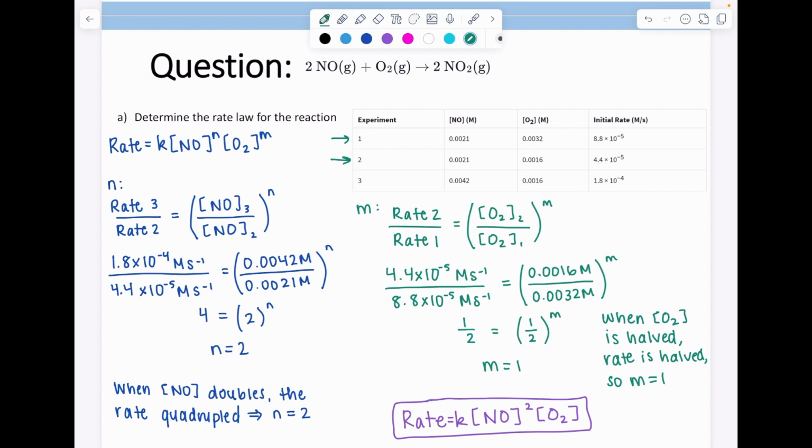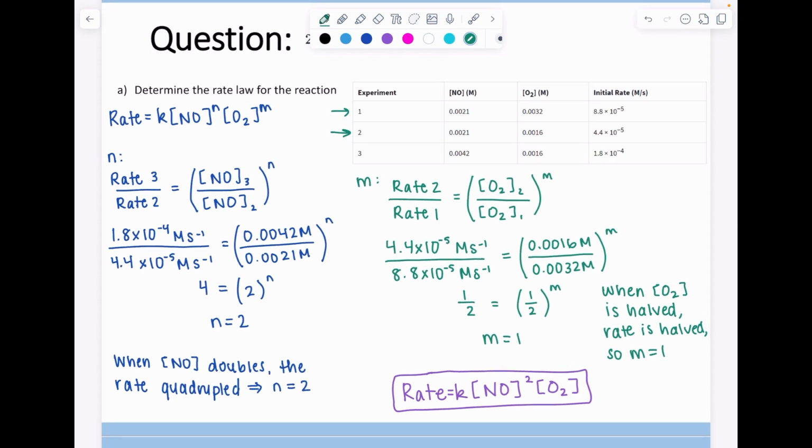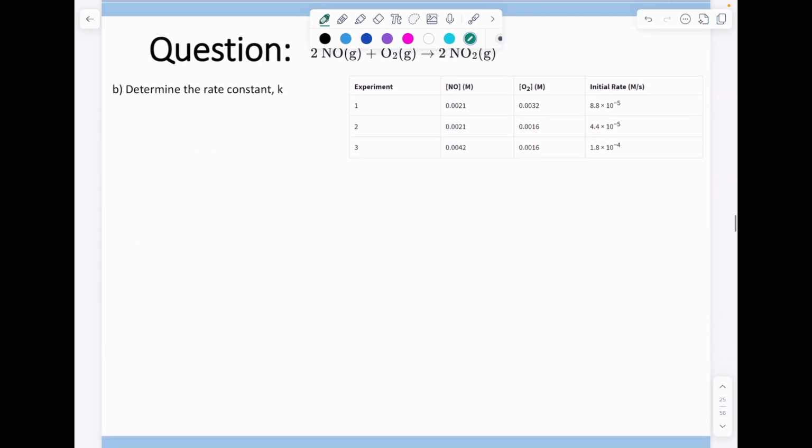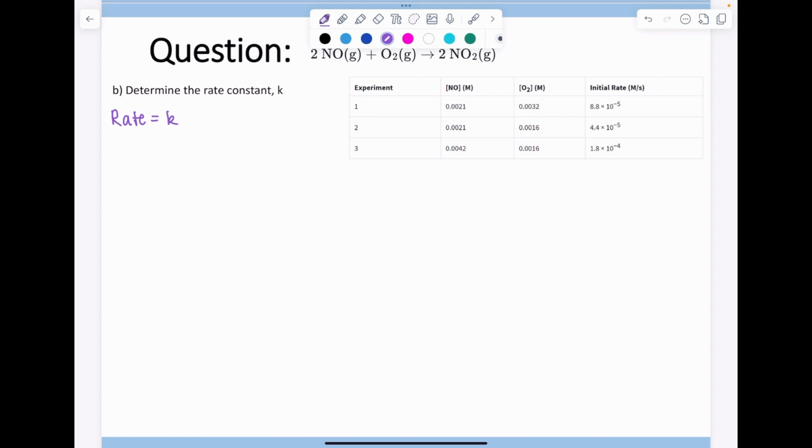Okay, we've got our rate law. Let's go to the next part of this question, which is to calculate K. We're going to need that rate law, so I will rewrite that down. Okay, so what we found on the previous page.